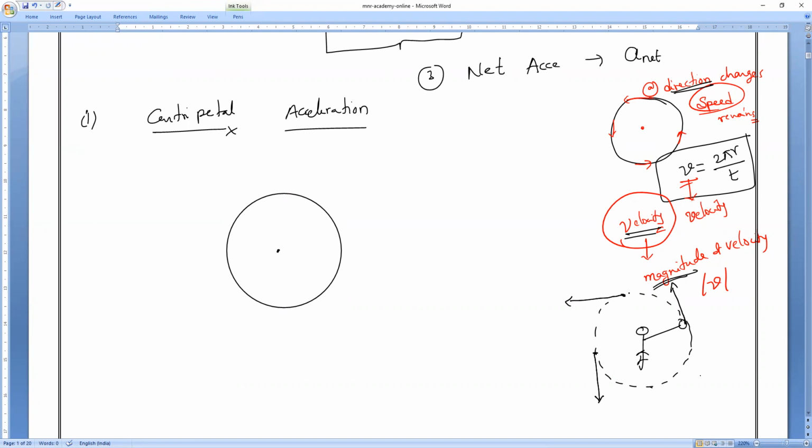That force we used to call centripetal force. And always remember, centripetal force always acts towards the center.